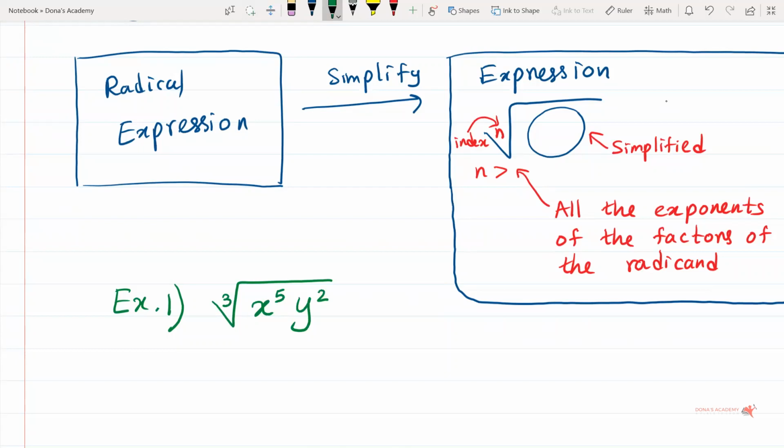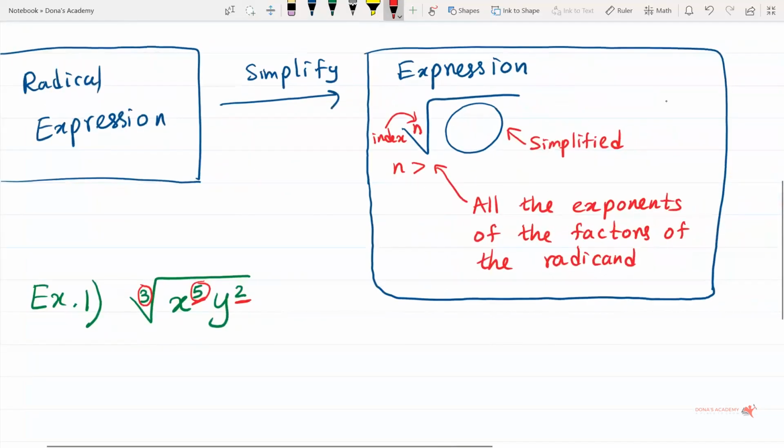However, what can you say about that index condition? Is it satisfied? No, not at all, because this exponent 5 is bigger than this index 3. This is not satisfying that condition, and it should be satisfied for all the exponents. So this is not simplified.